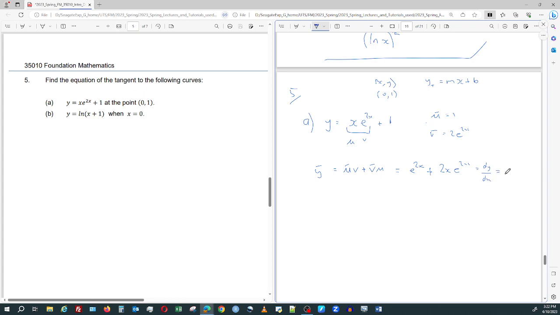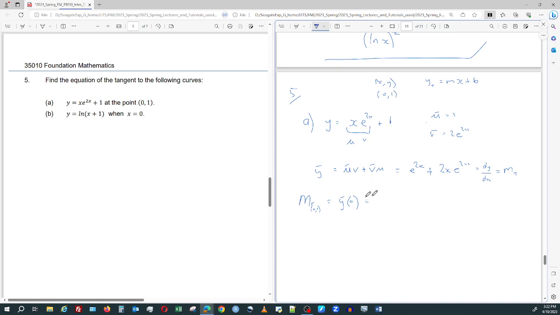Okay, that's our mt. Now we need to find our mt at the point 0, 1. So we're going to use function notation and drop in a 0 everywhere there is an x.